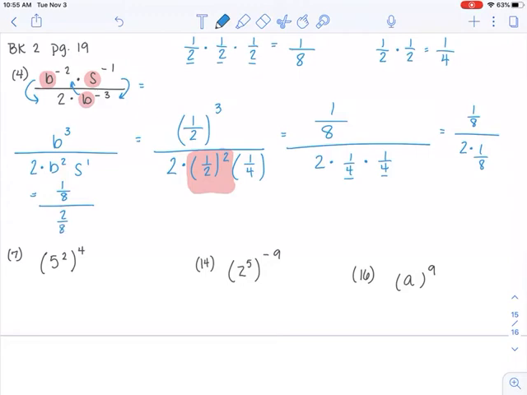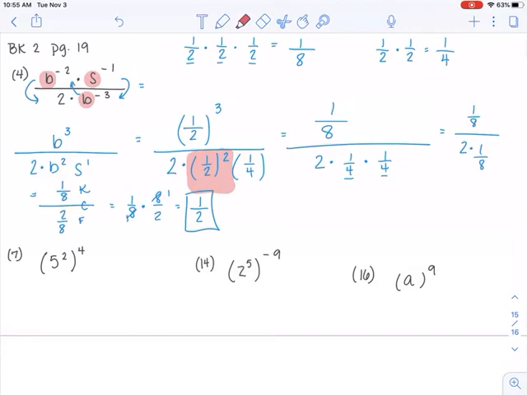So now we're going to do keep, change, flip. I'm going to keep my 1/8, change it to multiplication, and flip and have 16 over 2. My 8's will cancel. 8 goes into 8 one time on both sides. So now 1 times 1 is equal to 1, and 1 times 2 is equal to 2. So your final answer will be 1/2.